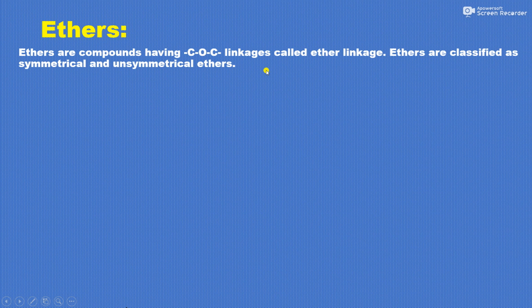Ethers are of different types. There are basically two types of ether, symmetrical ethers and unsymmetrical ethers. These ethers can be cleaved by using different kinds of reagent, especially hydroiodic acid.